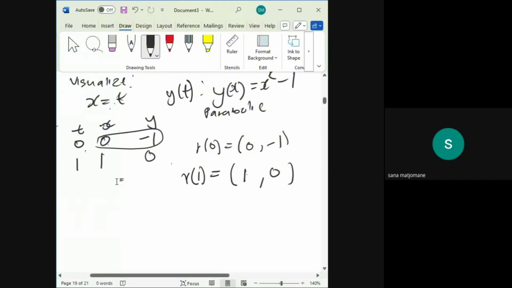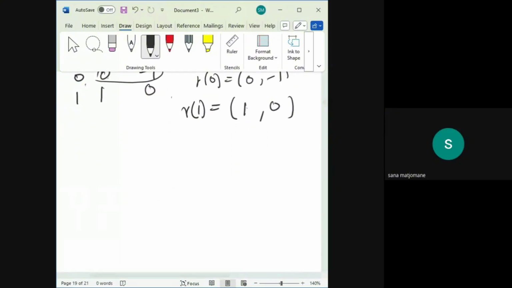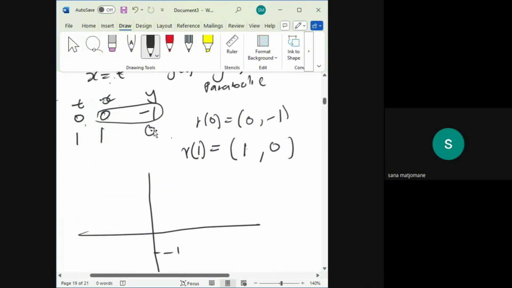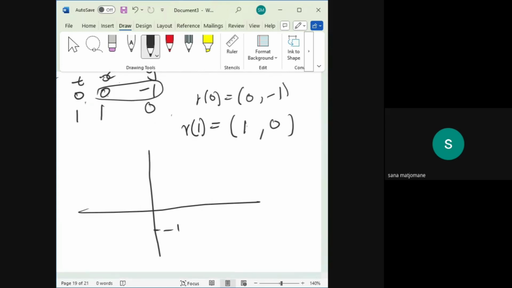Yes, okay, perfect. So now I'm going to sketch my thing. I know you said it's a parabola at -1. You are right. So let's check. I have (0, -1). Where x is 0, y is -1. Is it this side?